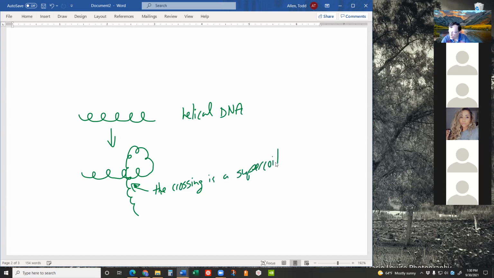And if you want to replicate DNA, you have to remove supercoils so the machinery of the DNA polymerase, all the machinery at the replication fork, can do its job. And so DNA gyrase will remove the crossings temporarily so that the enzymes can actually copy the DNA.